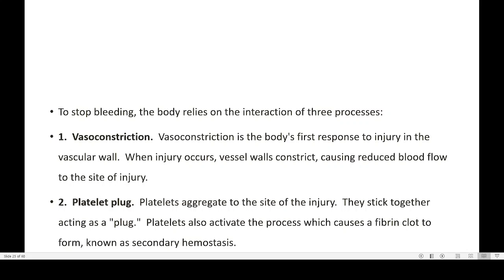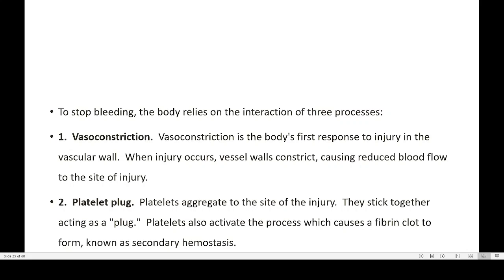From a larger diameter it will be converted into a smaller diameter, so that less blood will come to that region and less blood will be lost from your body. That process is known as vasoconstriction, which simply means contraction of the blood vessel. When injury occurs, vessels constrict, causing reduced blood flow to the site of injury.